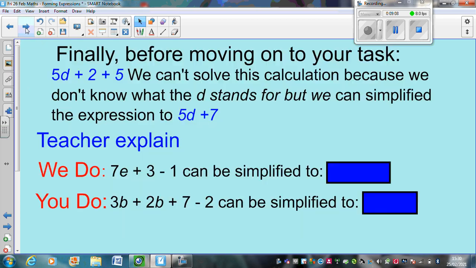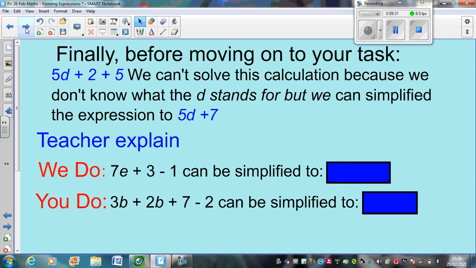Okay. And finally, before we move on to your task, going back to your links page and doing your calculations, I want you to have a look at this. 5D plus 2 plus 5. Now, we can't solve this calculation. I'm not asking you to come up with the answer because we don't know what D stands for. D could stand for anything, remember.